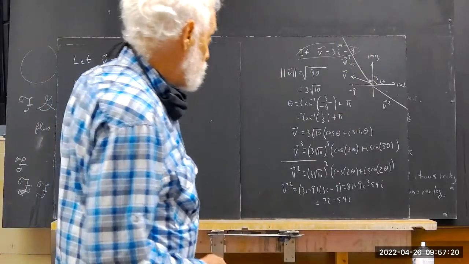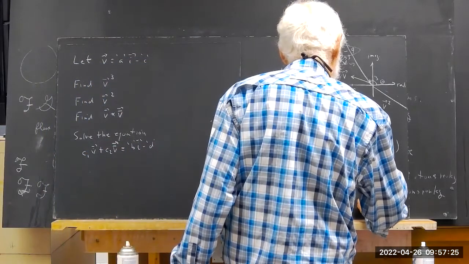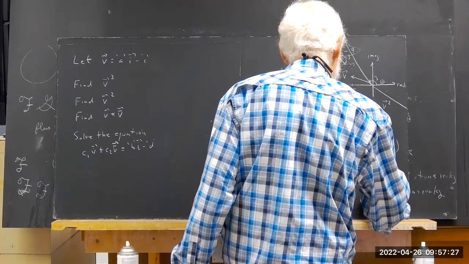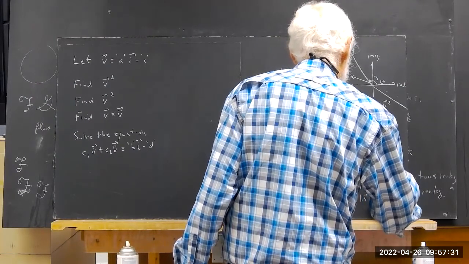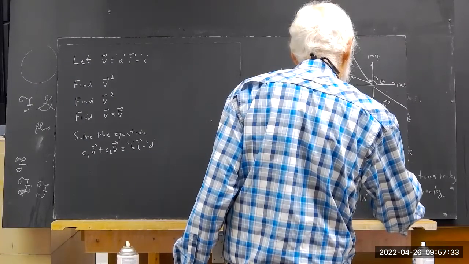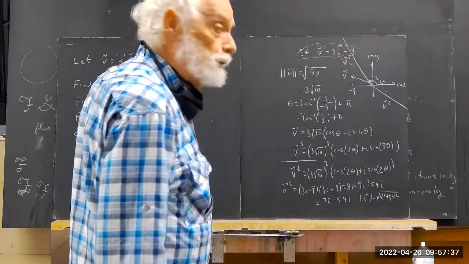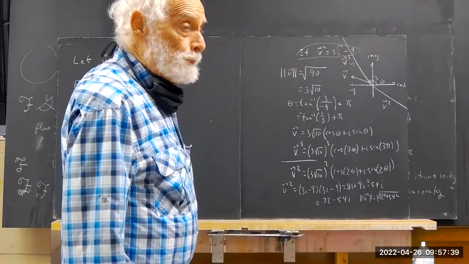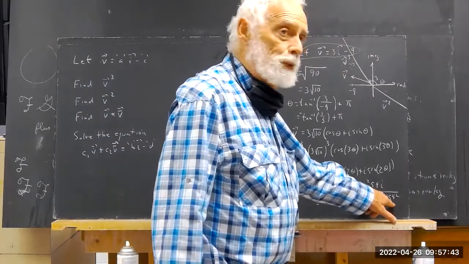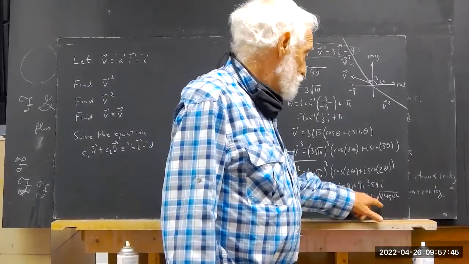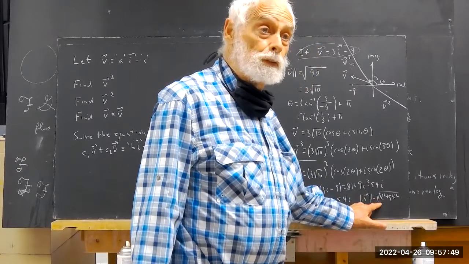Also, the magnitude of V squared is the square root of 72 squared plus 54 squared. Note that these are both multiples of 9, 72 and 54.